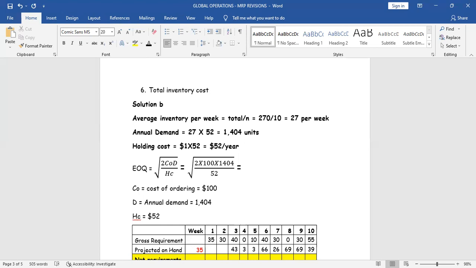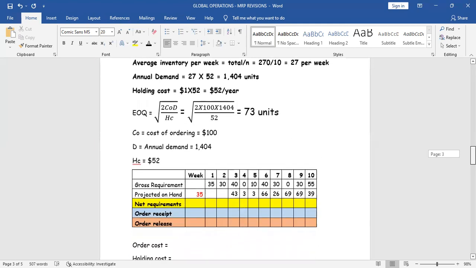Okay, 73.45. So in simple terms, we can simply say our EOQ is 73 units, meaning each time we place an order, we should be ordering 73 units. Let's see how this differs from lot to lot. So EOQ now, net requirement, very interesting here.